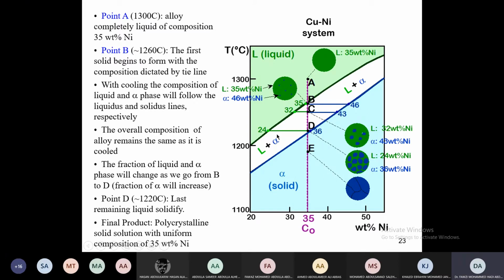That's part of the copper nickel phase diagram. So we will start at point.